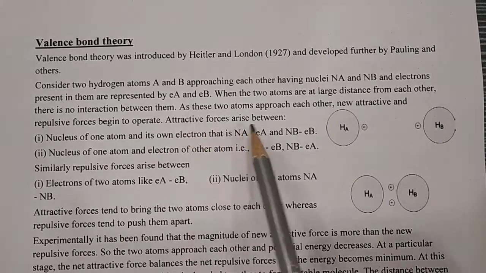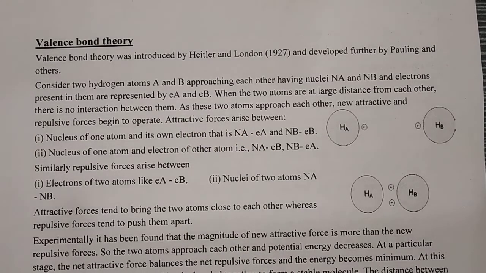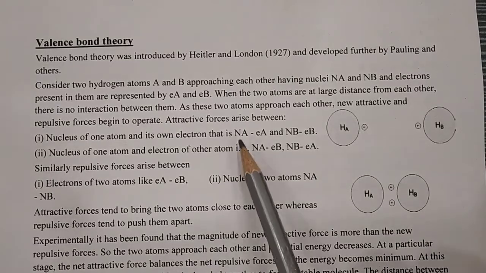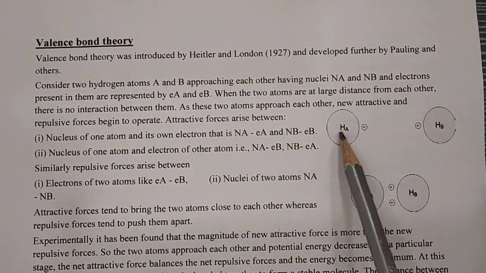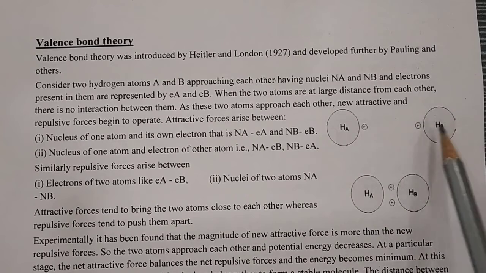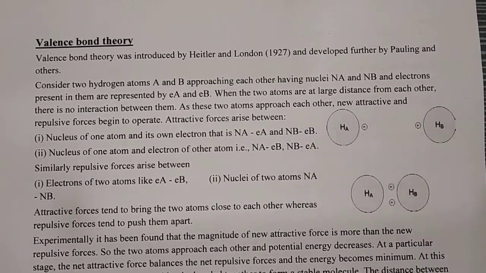The attractive forces that arise between atoms A and B are, first, between the nucleus of one atom and its own electron. That is Na with Ea, this one attraction, and Nb with Eb. So there are first two types of attraction.